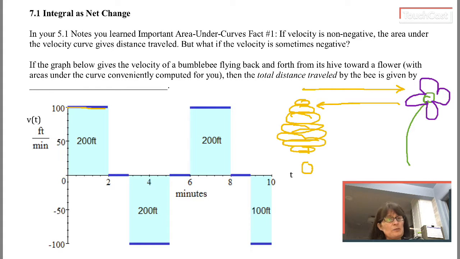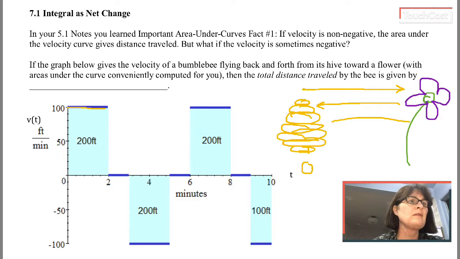If he then flies back to the hive another 200 feet and then flies to the flower again and then flies halfway back, one thing I can ask about is, what's the total distance that the bee has traveled? What would the odometer on its car say, or what would its Apple Watch or Fitbit say, the distance it's gone?